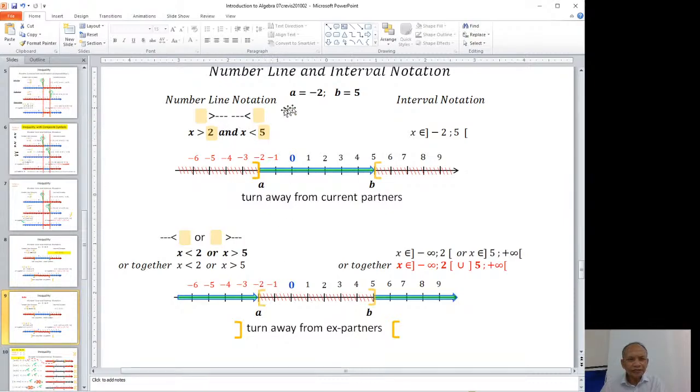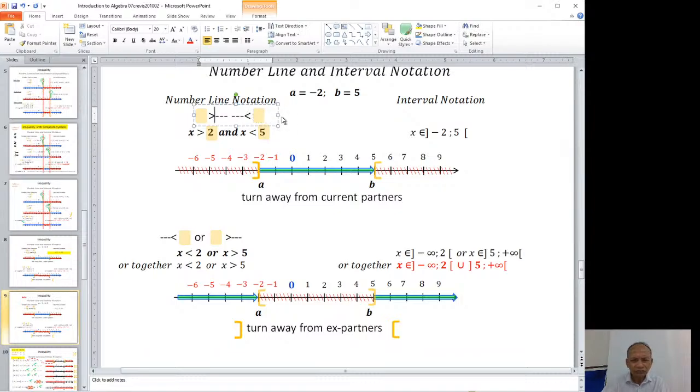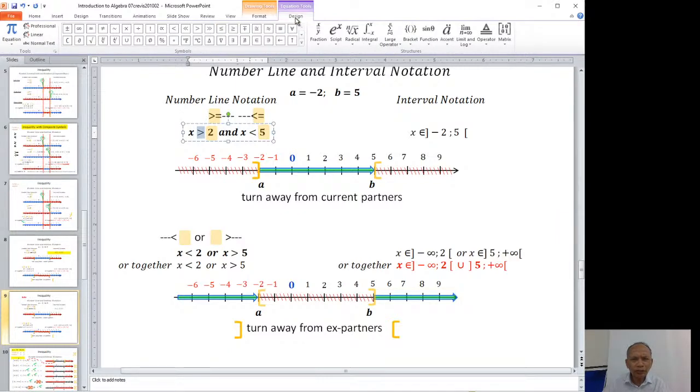This one must be together, equal. Maybe we use this one, bigger than, okay, and then this one, smaller than or equal. Okay, so, mistake.